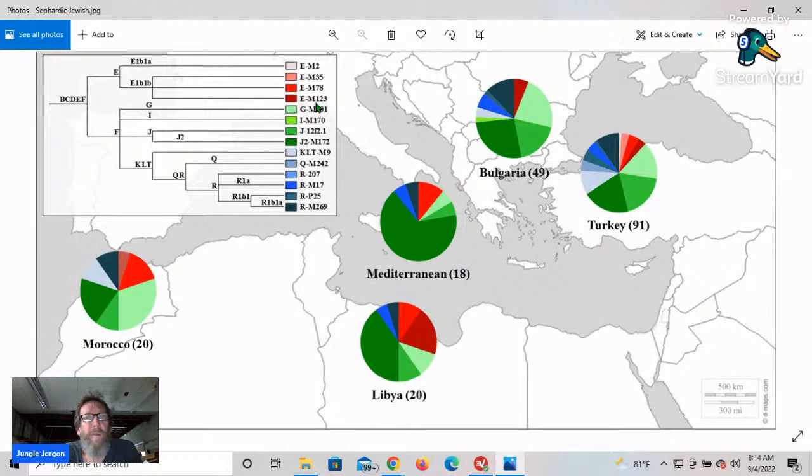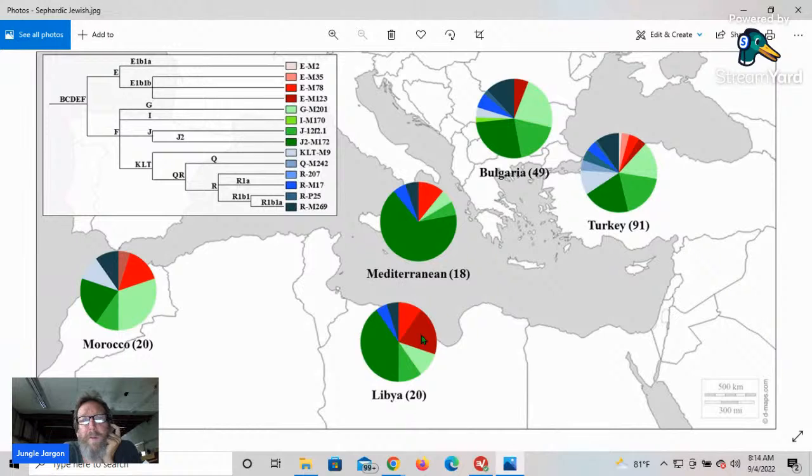Of course, you have the EM123, or no, that's the EM78. EM78 would be like the Berber population, which is the local population, but still a significant portion of the Jews in Morocco, Sephardic Jews in Morocco, are J2. Libya, same thing. More than 1/3 of the Jewish population is J2.